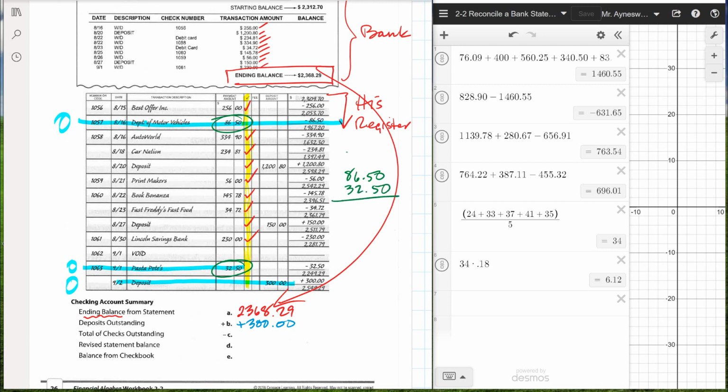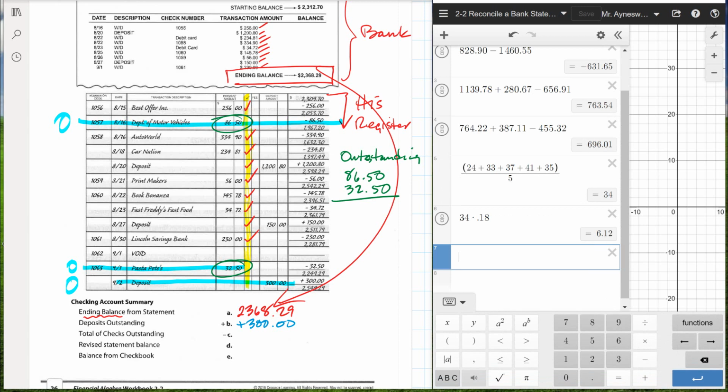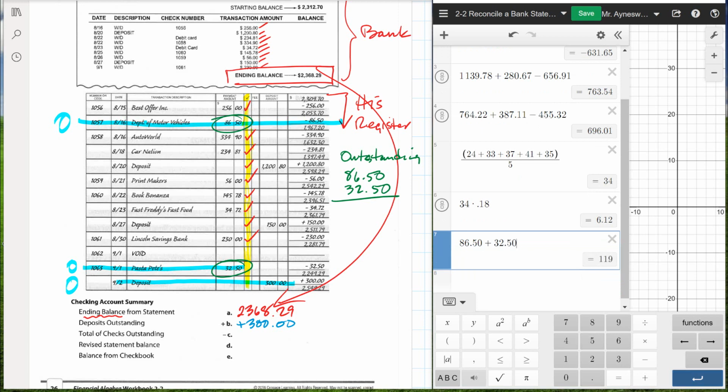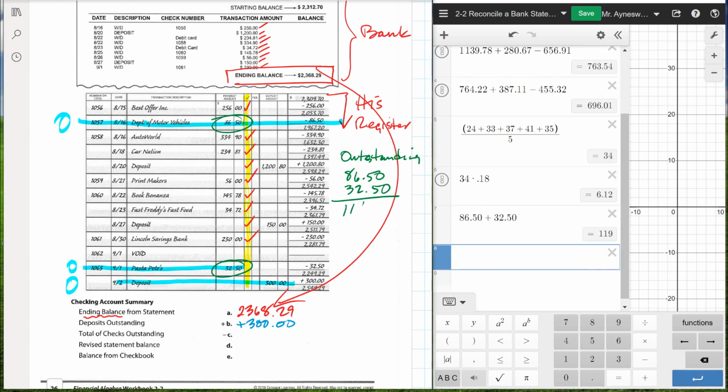These are the outstanding checks. That means they have not cleared the bank yet. So let's total that up: $86.50 and add $32.50, so $119. This is outstanding. This has not cleared the bank yet.